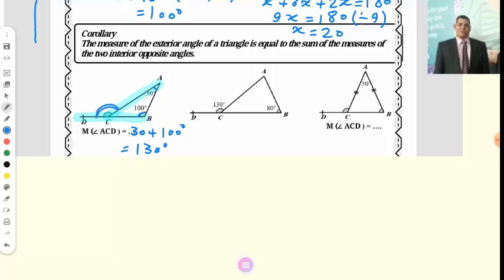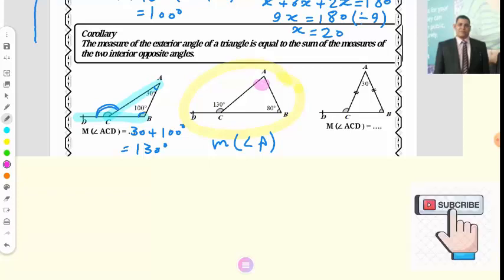Note that in the second question, here we have a triangle and we want to find the measure of angle A. Note that angle A is an interior angle and angle ACD is an exterior angle.